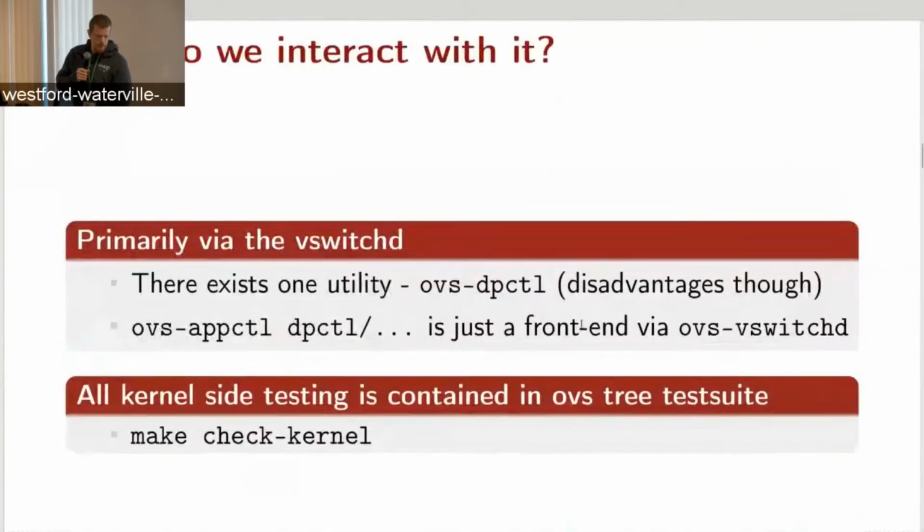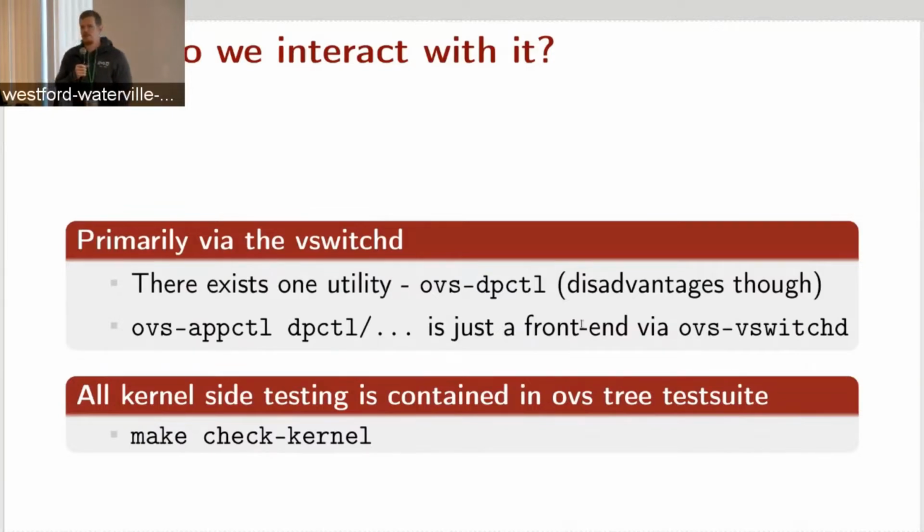Primarily we interact with that kernel module via ovs-vswitchd. We do have a utility, ovs-dpctl, but it has some disadvantages. For one, it will reconfigure the data path when it connects, whether you want it to or not.